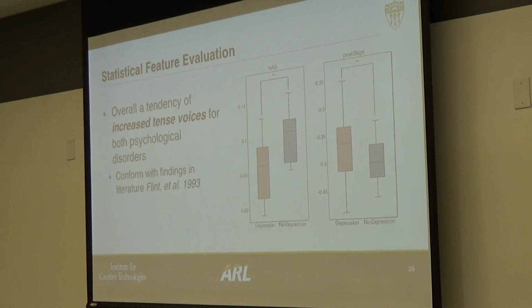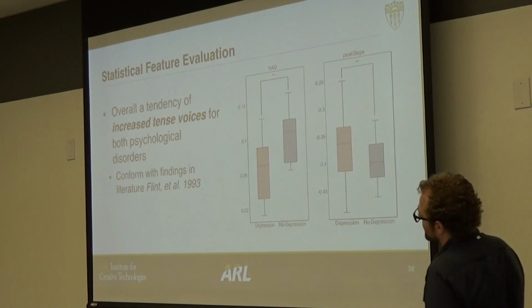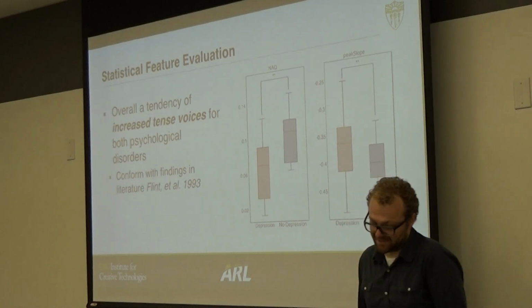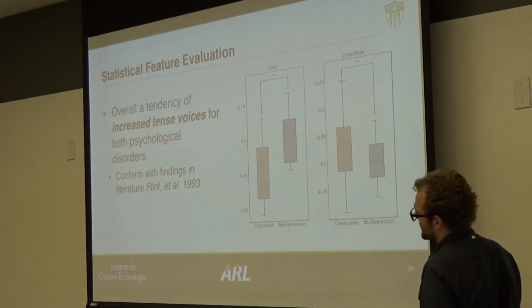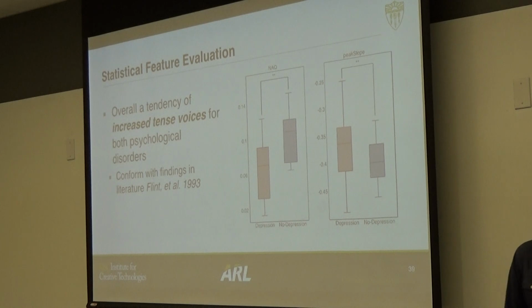Another area where breathy or tense voices are becoming important is the assessment of mental status. From our other work, we identified that individuals with depression have tenser voices in our data set than individuals without, which is an interesting finding.